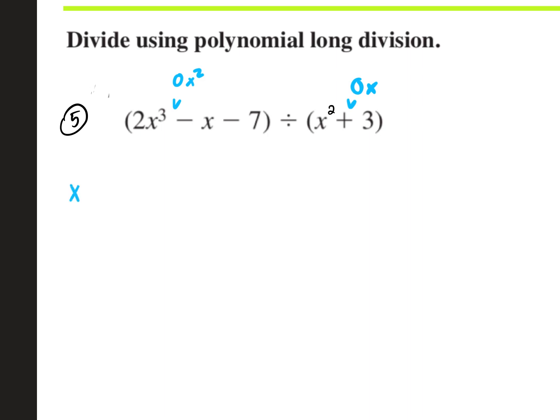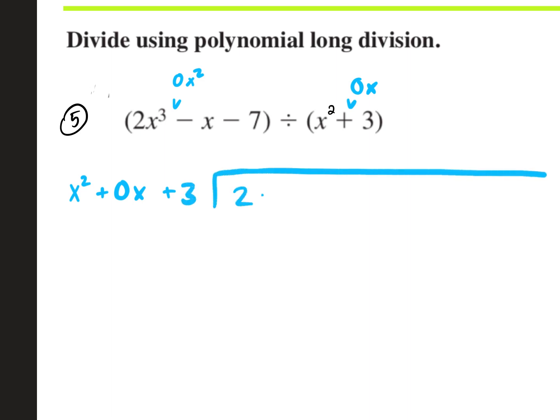Out front, I have x squared plus 0x plus 3. Inside the box, I have 2x cubed plus 0x squared, because I was missing that x squared term, minus x minus 7. Including those just counts as placeholders. It just helps us stay organized.